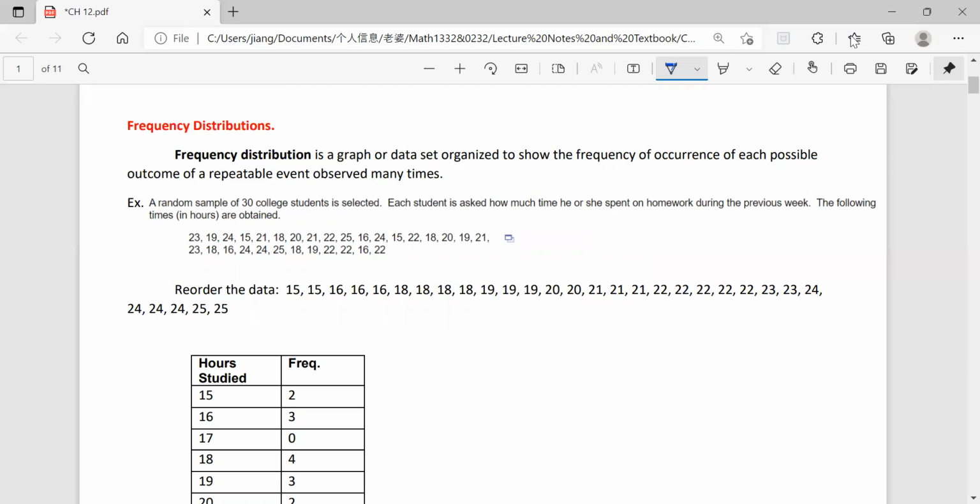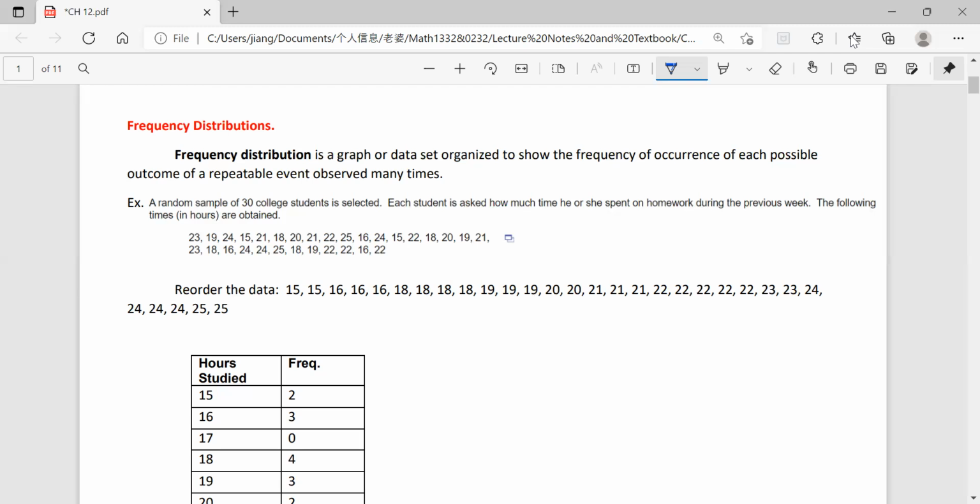So maybe I will collect hundreds of thousands of pieces of information from hundreds or thousands of students. And so when I see the data, I will feel very confused because that's too much information. If I convert all of this information to a graph or very clear tables, it's easy for me to analyze these data.